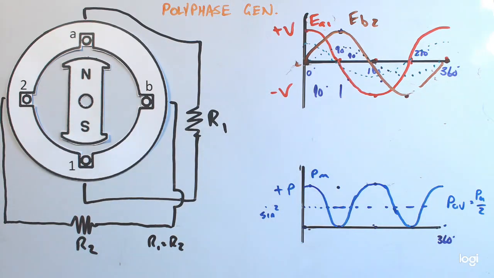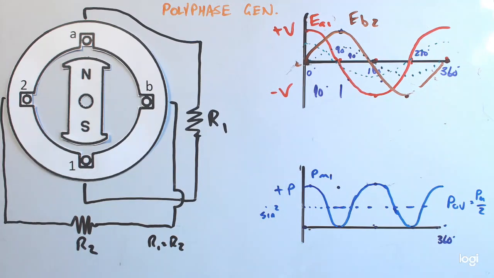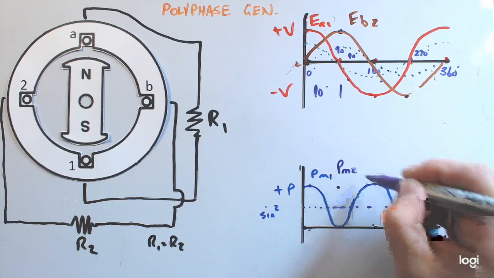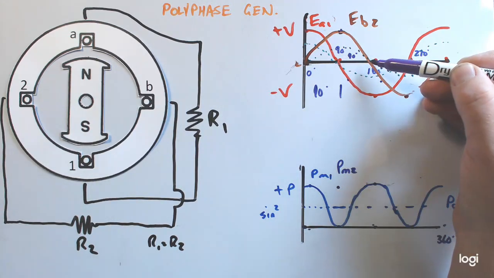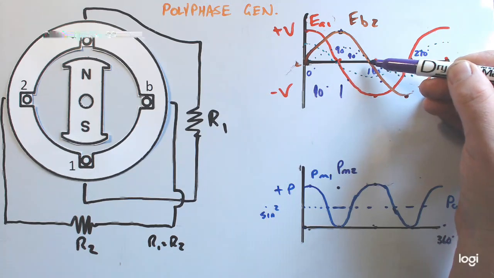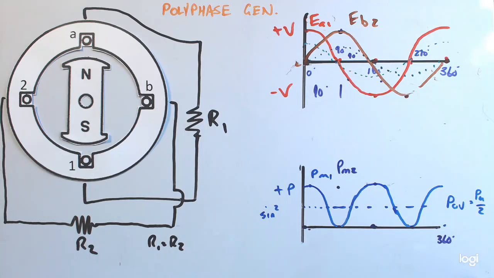So we're going to have to label these now. PM1 for the blue waveform, and then PM2 representing the power delivered to resistor 2. So here, again, following along EB2, when it's at its zero crossing at 180 degrees, we're going to have zero power delivered to the second load.